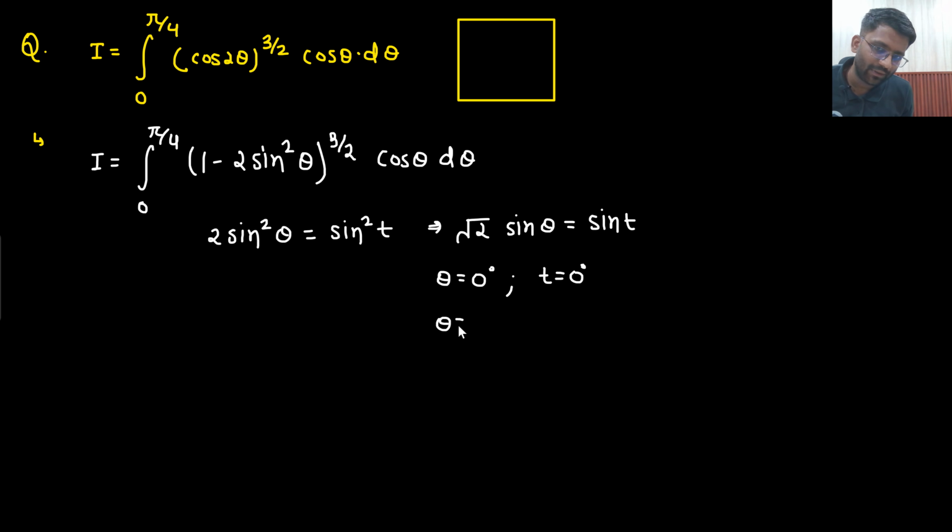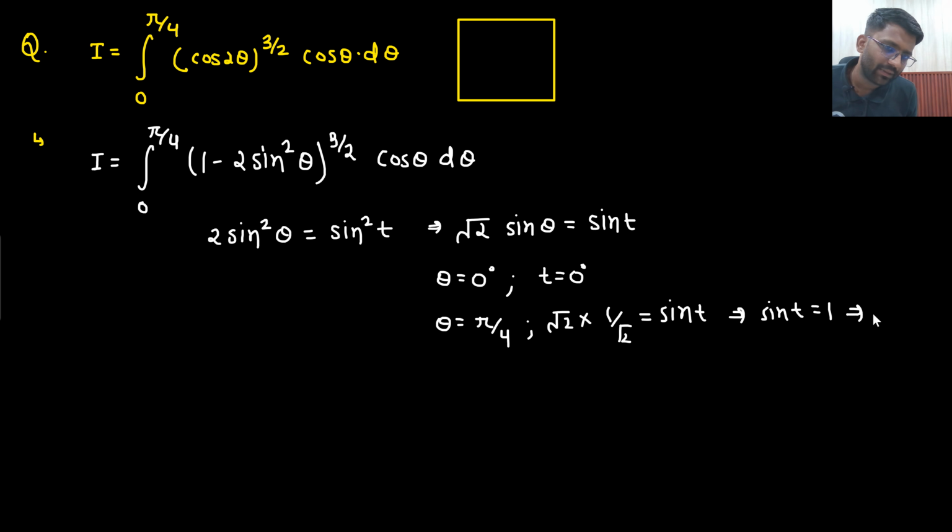If theta equals pi by 4, then under root 2 sine pi by 4 is 1 by under root 2... so sine t equals 1. What does that mean? t equals pi by 2. So the limit is also fine now. Are you able to understand this point? Limit is also going from 0 to pi by 2. So the limit is also good.